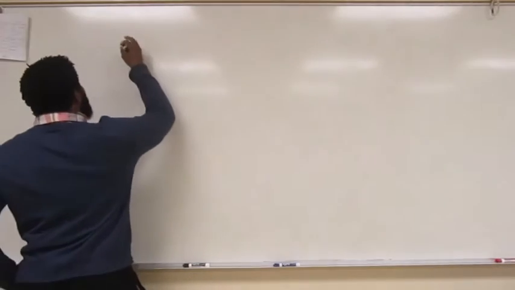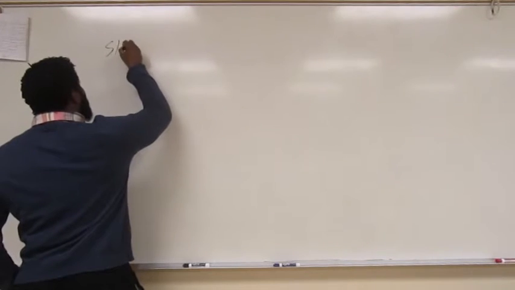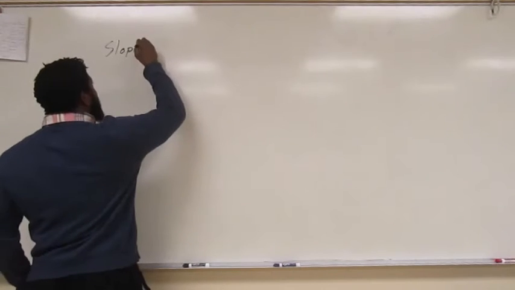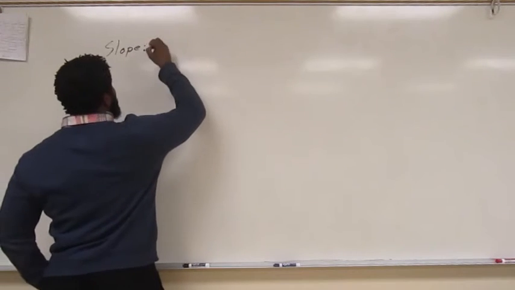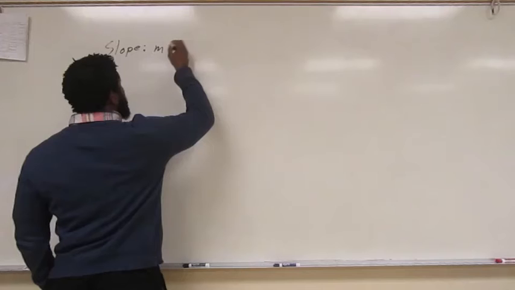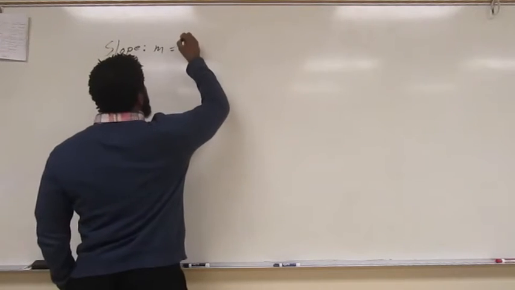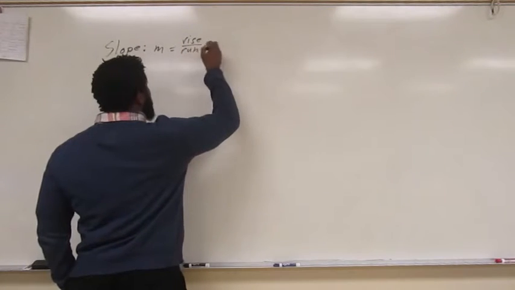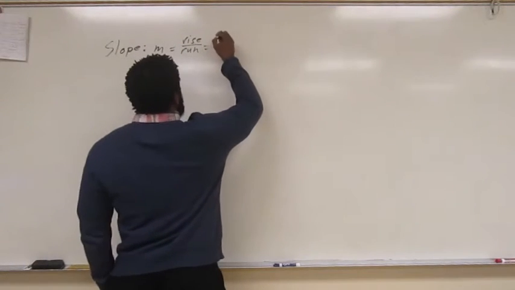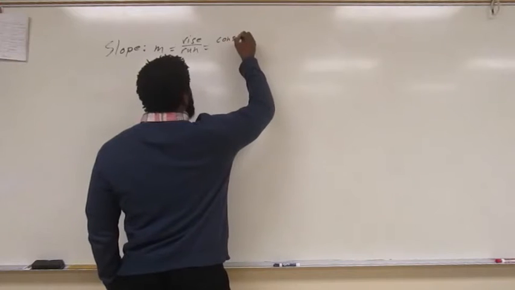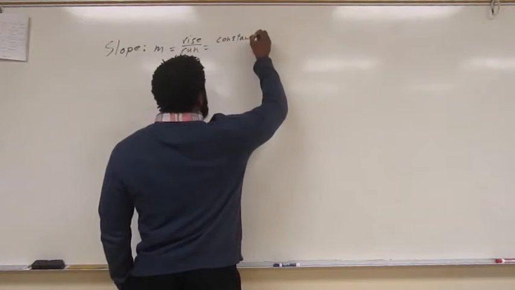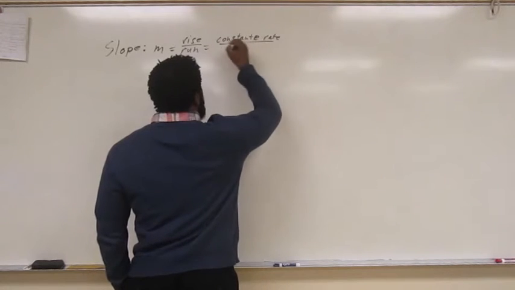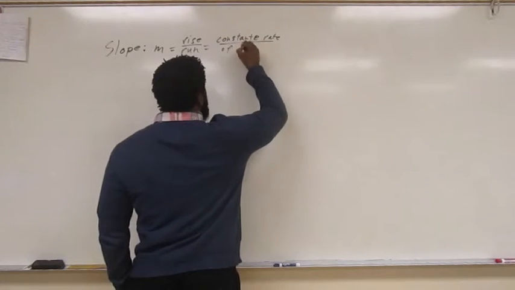Slope in general is m, which is equal to rise over run, which is equal to the constant rate of change.